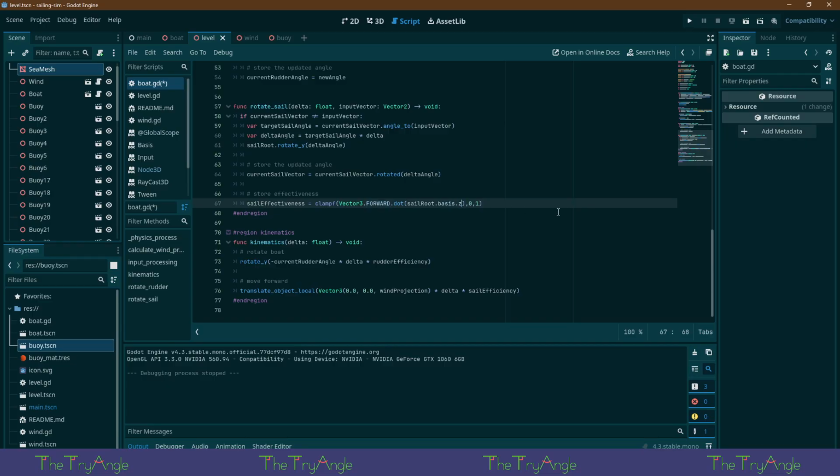Let's do it based on the z-axis, and instead of the forward, back. And instead of 1 to 0, we are going to clamp it, but let me think. This is, again, one of those weird ones where we want it to be maximum power near 0.